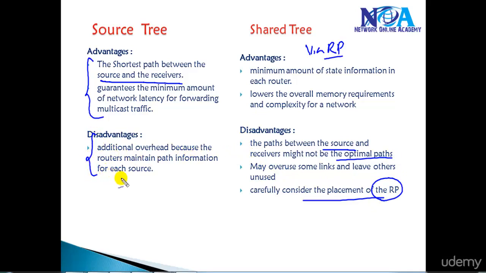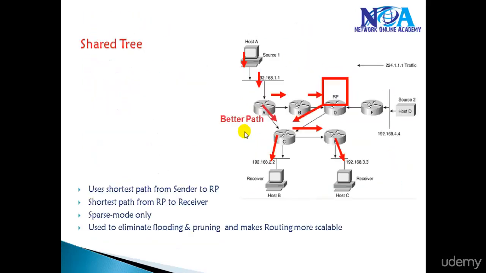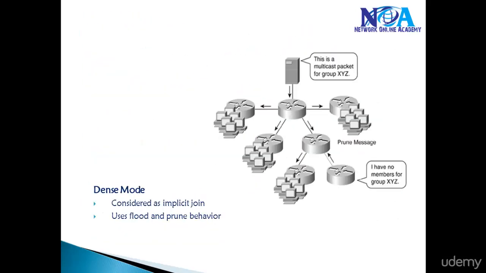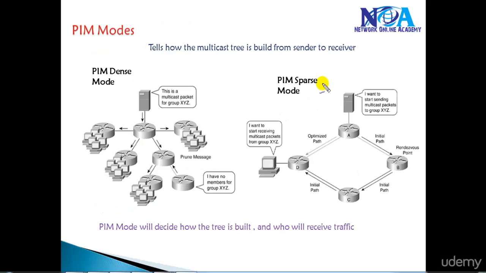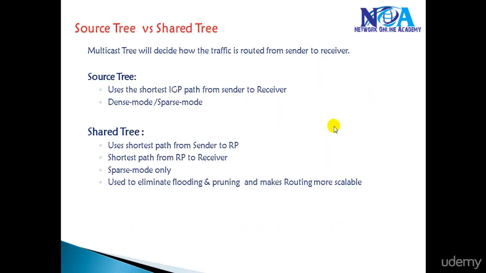The disadvantage of the source tree is the additional overhead, because the router has to maintain the path information for each and every source, whereas the shared tree lowers the overall memory requirements. But at the end, we commonly use sparse mode, which first uses the shared tree initially, and later on falls back to the source tree, the shortest path.